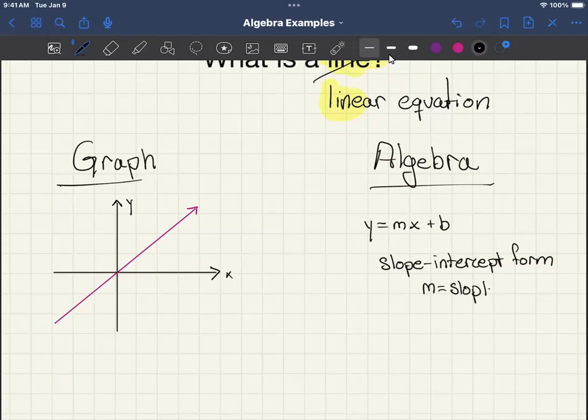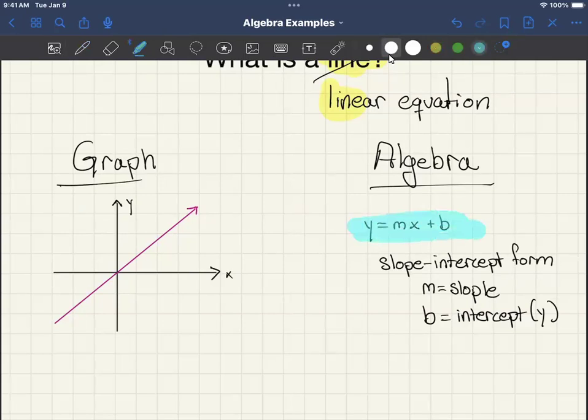That's how fast it goes up or down. And b is our intercept. And when we say intercept, we mean our y-intercept in particular, so where it crosses the y-axis. So this is our first, I'm going to highlight this one. This is the first way that we look at this algebraically.